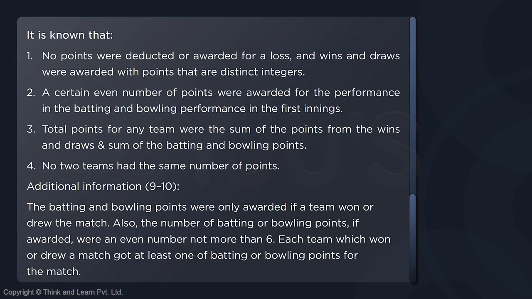A certain even number of points were awarded for the batting and bowling performance in the first innings. I'm not sure how many points are given, but it should be even. Total points for any team were the sum of the points for wins, draws, bowling and batting points.